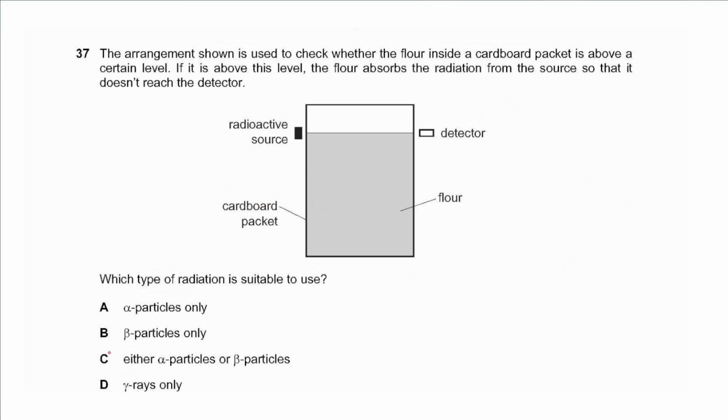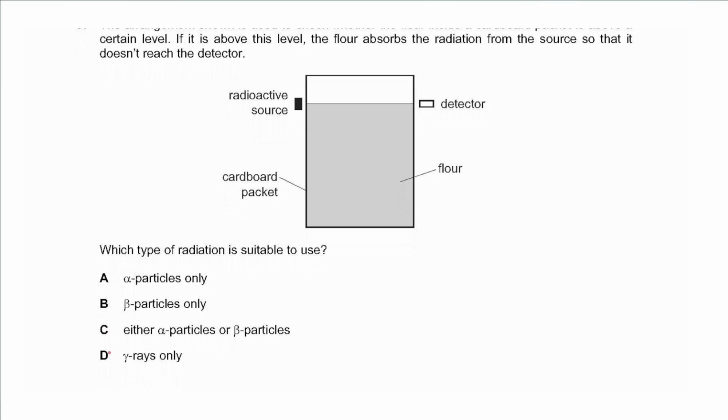Question 37 says the arrangement shown is used to check whether the flour inside the cardboard packet is above a certain level. If it is above this level, the flour absorbs the radiation from the source so that it does not reach the detector. Which type of radiation is suitable to use? So we need a type of radiation that can penetrate the cardboard but cannot penetrate the flour. So it has a medium penetrating power. So alpha cannot be used because it will be stopped by the cardboard itself.